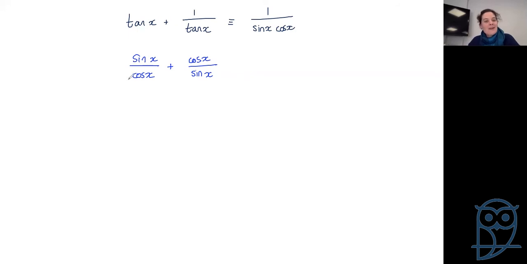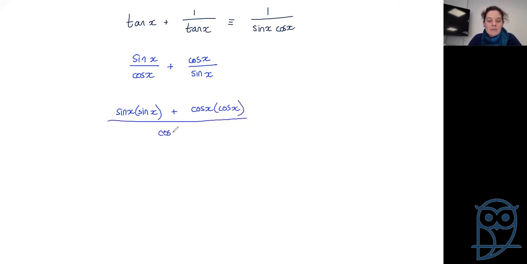Okay, so 2 different denominators. Again, we have to do this whole common denominator story. So we would have sine x on top on the left, plus cos x, over a common denominator of cos x sine x.